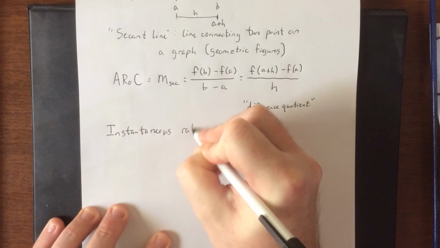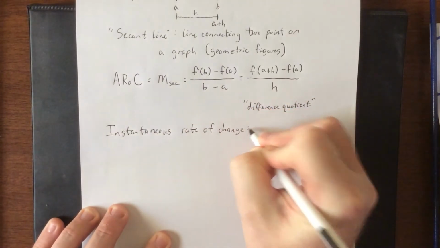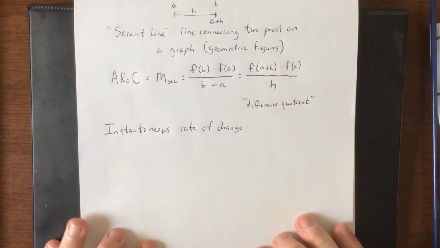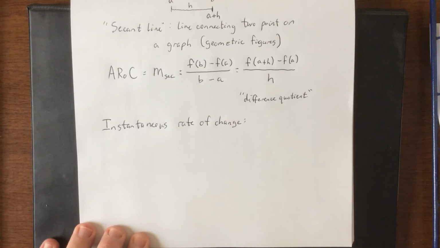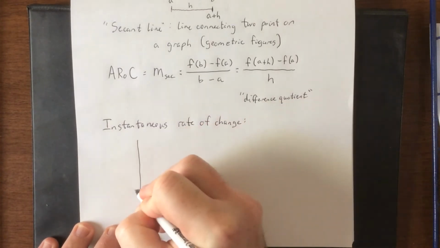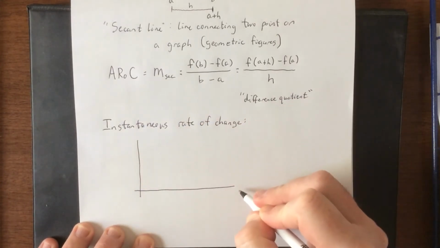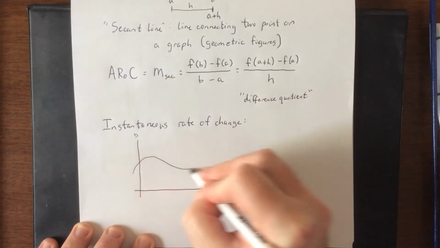Now an instantaneous rate of change. If I wanted to compare this to the Grand Rapids to Clinton Township problem that I discussed in the last video, your instantaneous rate of change, or your instantaneous speed, would be you glancing slightly down at your speedometer and saying, how fast am I going? That lets you know how fast you're going right now, as opposed to an average rate of change.